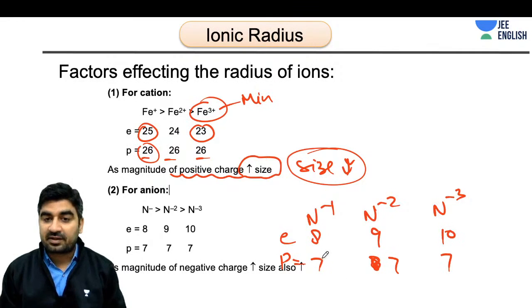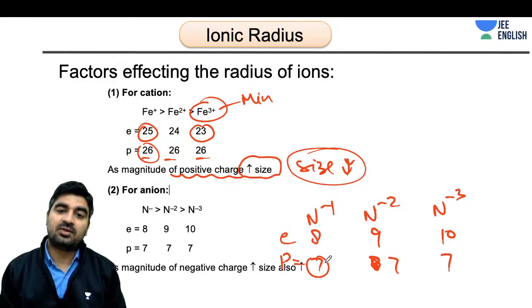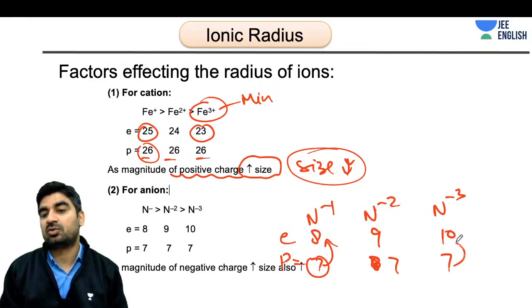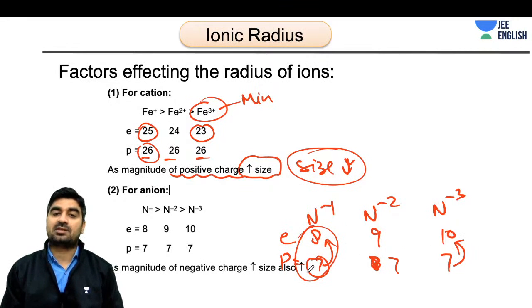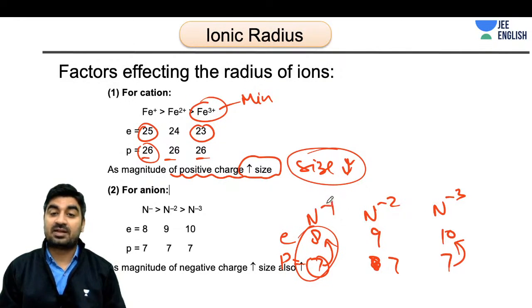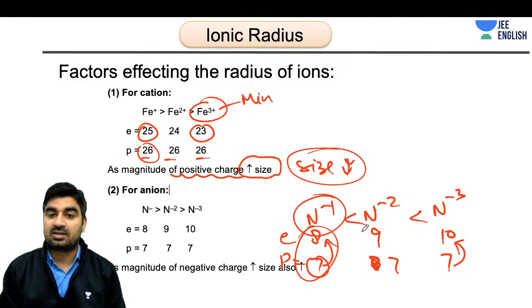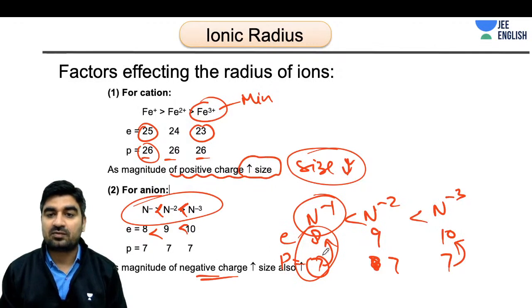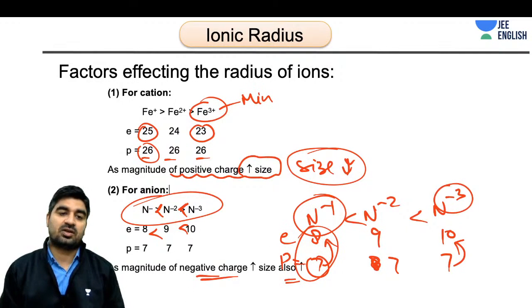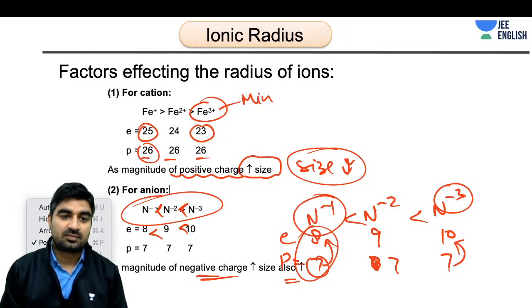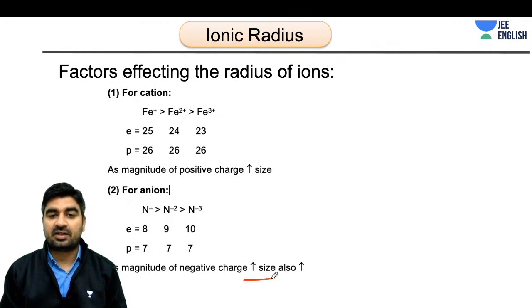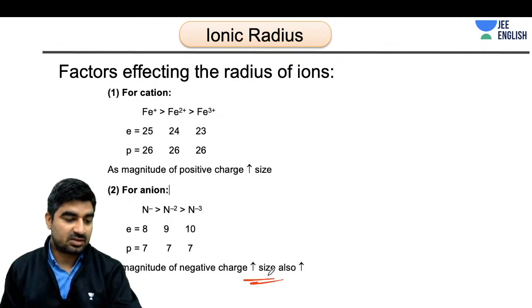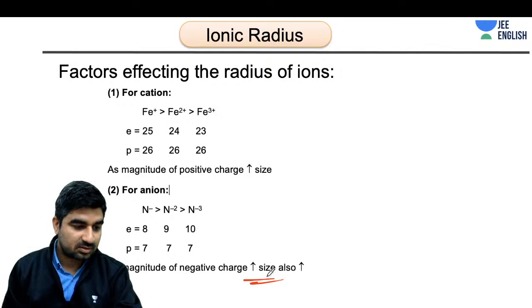So the most effective attraction will be here: 7 protons pulling 8 electrons, versus 7 protons pulling 10. If attraction is maximum, it will be the smallest, and the other will be the largest. So the radius order will be this. As the magnitude of negative charge increases, size also increases. Note it down.